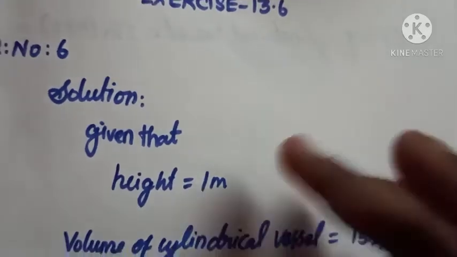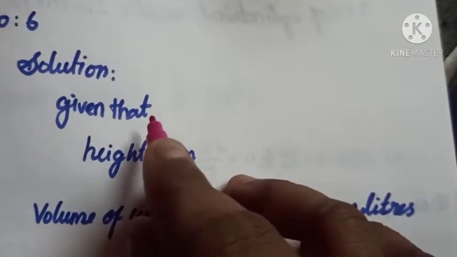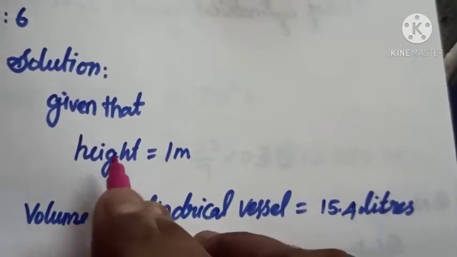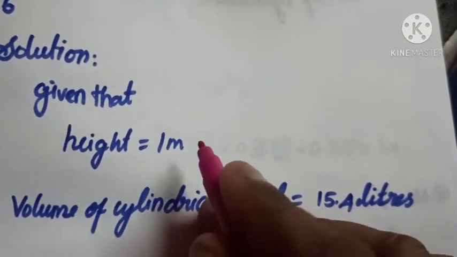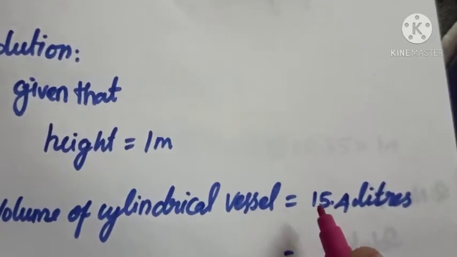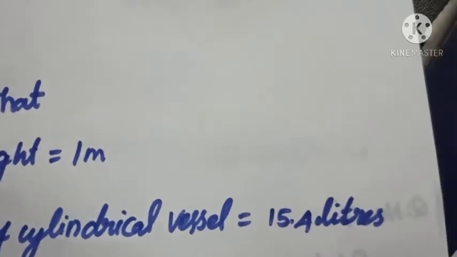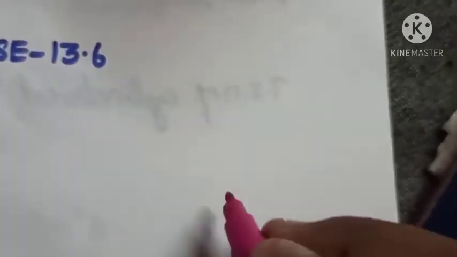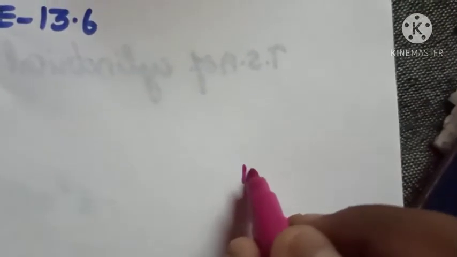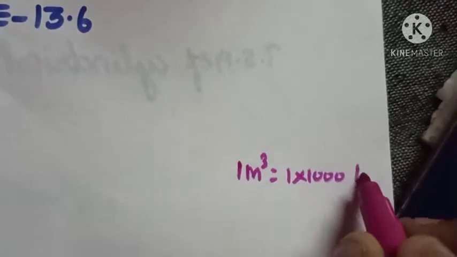So we discussed question number 6. These are the given values. First, the height is equal to 1 meter, and the volume of the cylindrical vessel is equal to 15.4 liters. You already know that 1 meter cube is equal to 1 into 1000 liters.